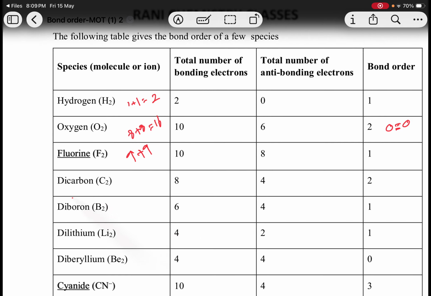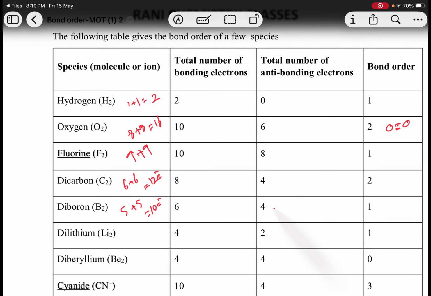C2 molecule: carbon has atomic number 6, 6 plus 6 means 12 total electrons. So 8 bonding electrons, 4 antibonding electrons, bond order is 2. Diboron B2: boron 5 plus 5, total 10 electrons.